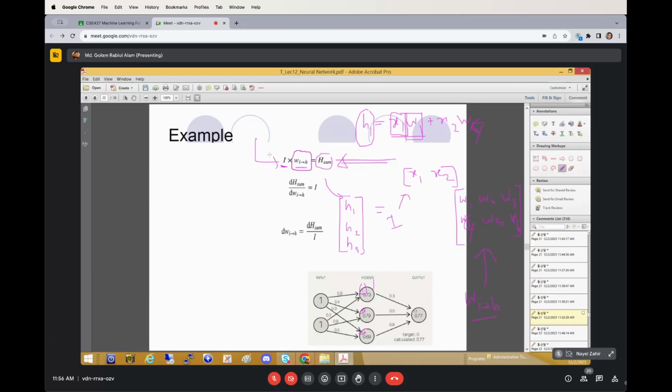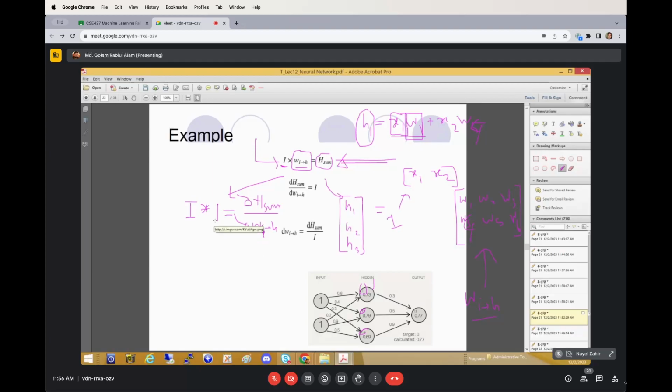Then it will be just 1 times I, that is the input, so here delta hidden sum divided by delta w I h, input to hidden.